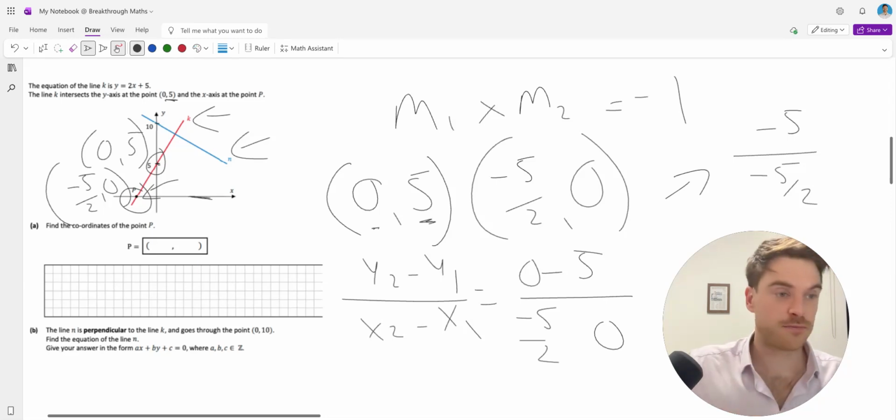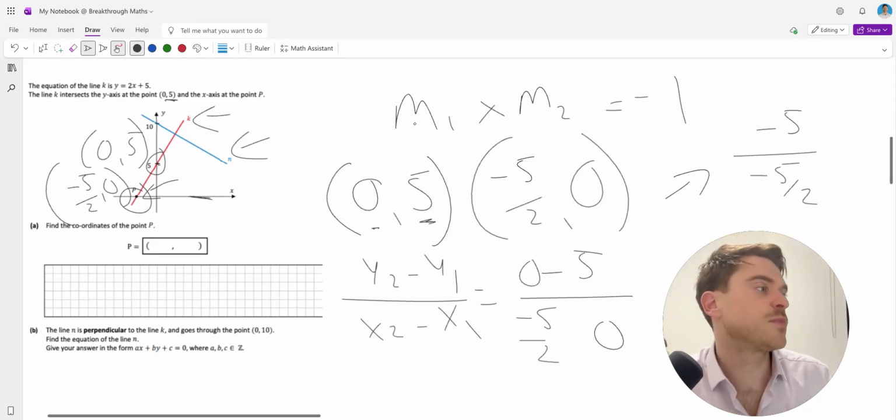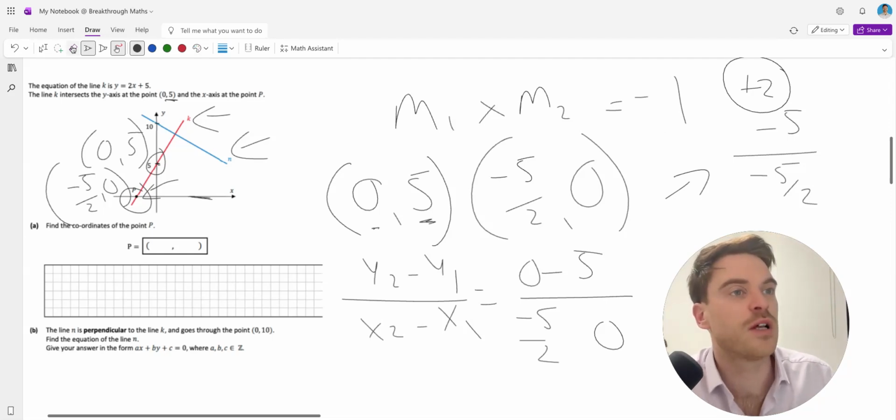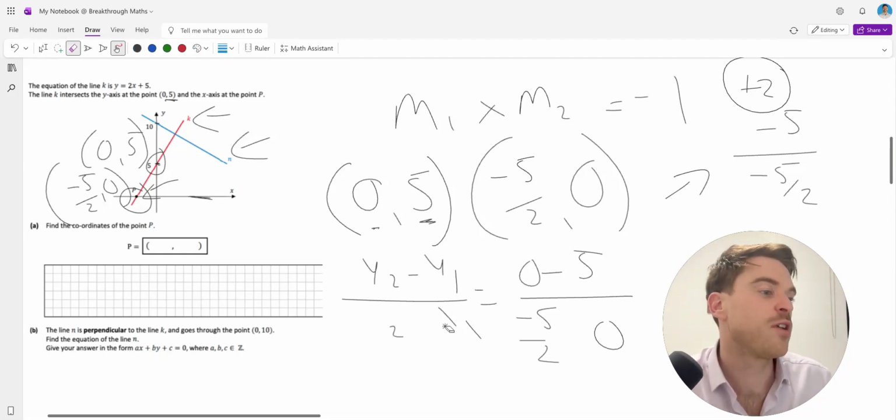It does equal 2, so it ends up being plus 2. You can work it out as well. So that's the slope of one line.